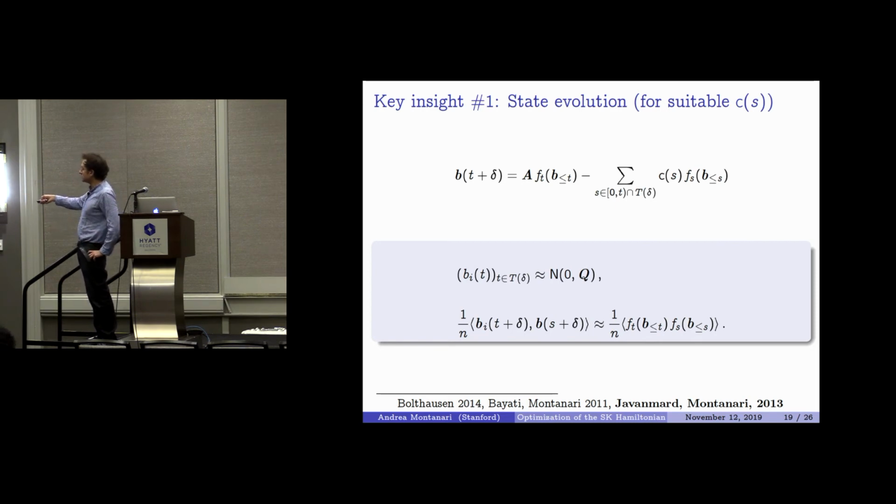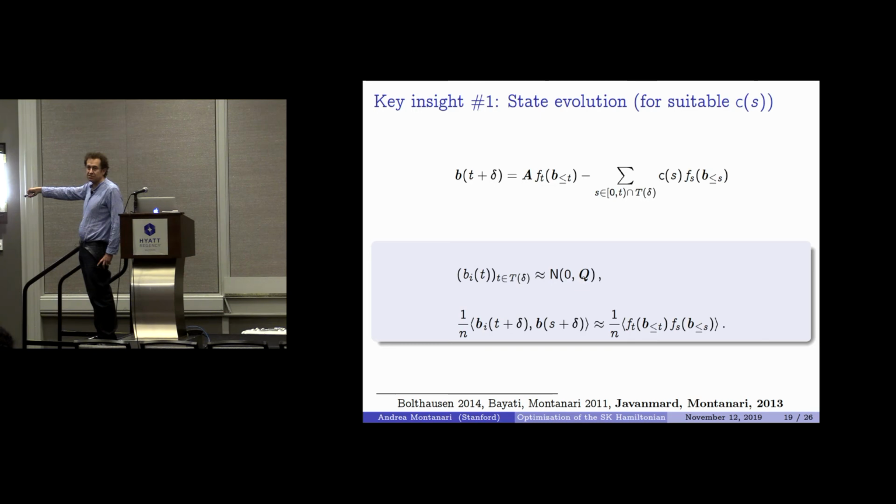And the second thing is that the covariance can be computed recursively, using the fact that this map gives an isometry between F and B. The scalar product of B at two times, incremented by delta, is the same as the scalar product of F at delta earlier. This fact is not obvious at all.